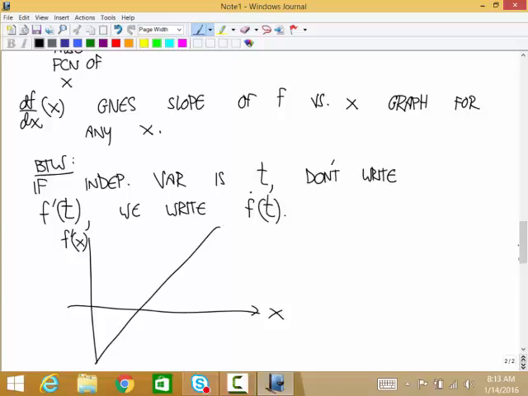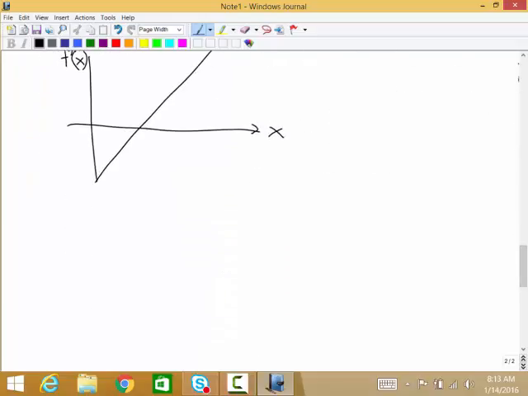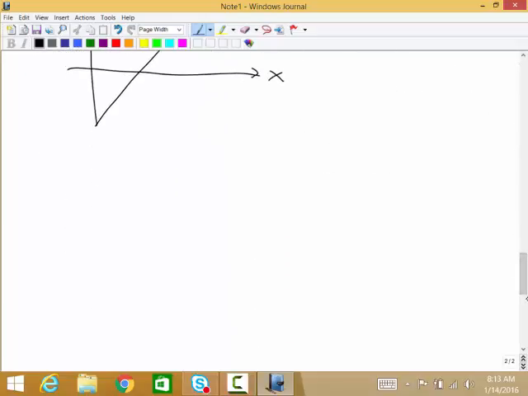Okay, so here are the 9 key facts that you have to know for calculating derivatives.